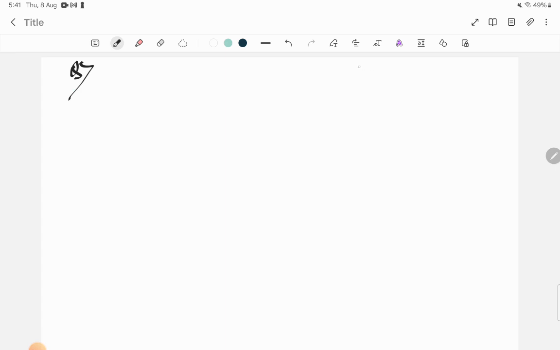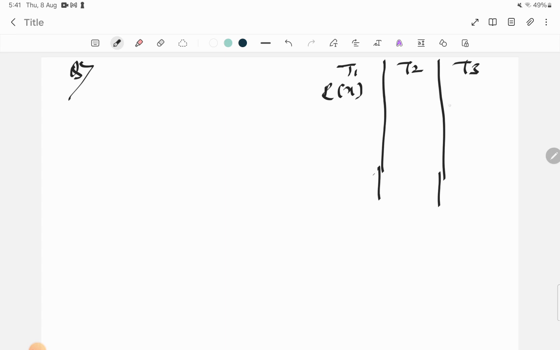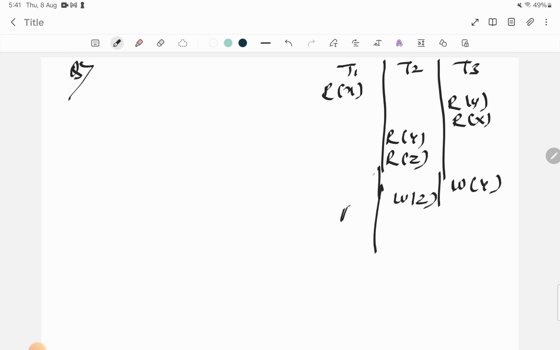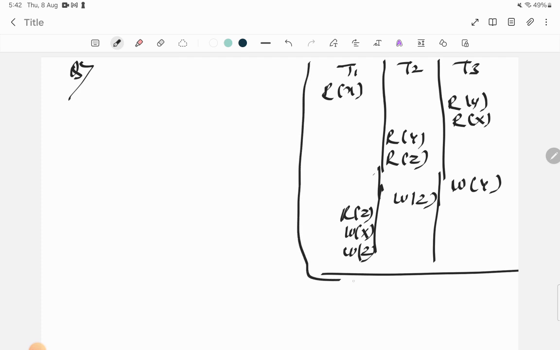Let us consider transactions T1, T2 and T3 having operations like read of X, read of Y, read of X, read of Y, read of Z, write of Y, write of Z, read of Z, write of X, and write of Z. So this is a schedule having transactions T1, T2, T3.